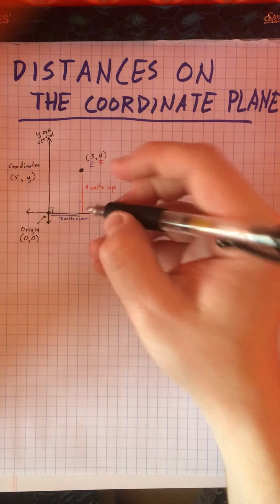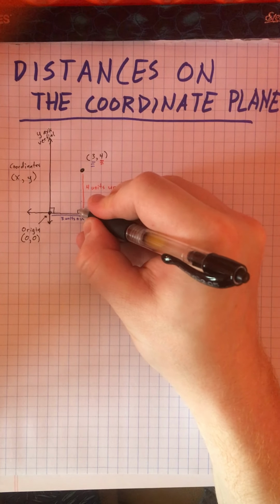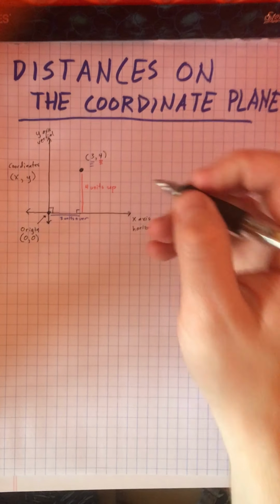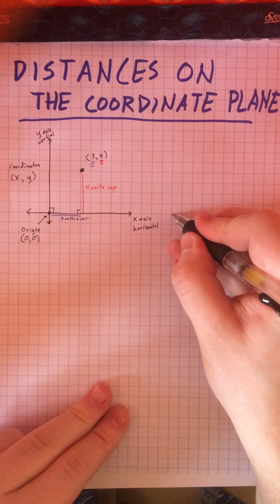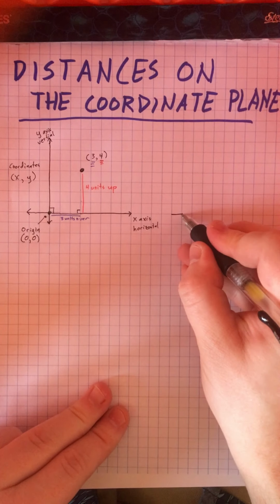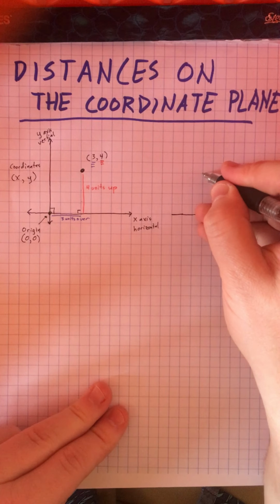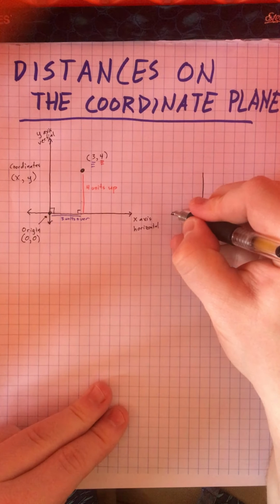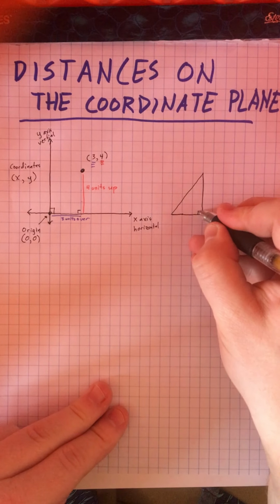But because of how we define our axes, we know that these 2 lines meet at a right angle over here, which means we can approximate this point using a right triangle.